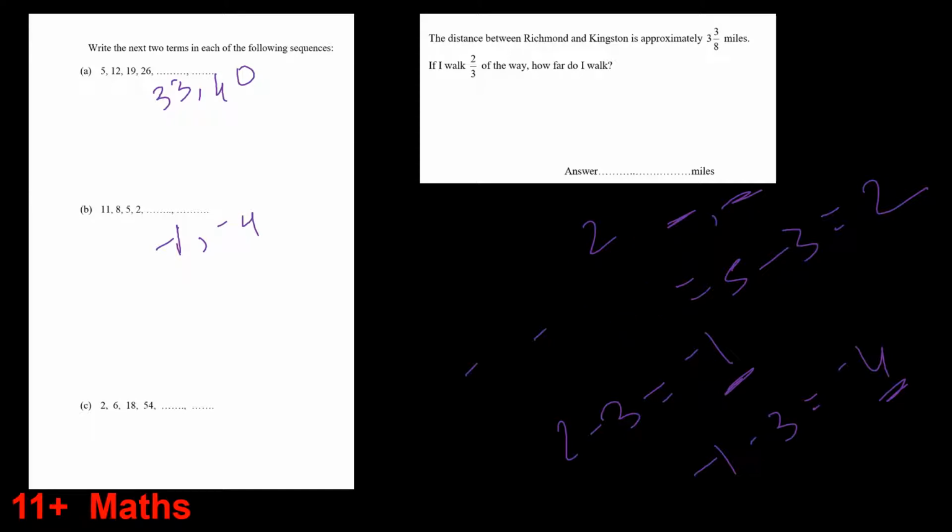Now the next one is a bit complex. What we will have to look into is trying to square the numbers and see what we get. Because in 2, 6, 18, 54, the numbers increase, and this is quite a big jump: 2 to 6, and 6 to 18, and 18 to 54.